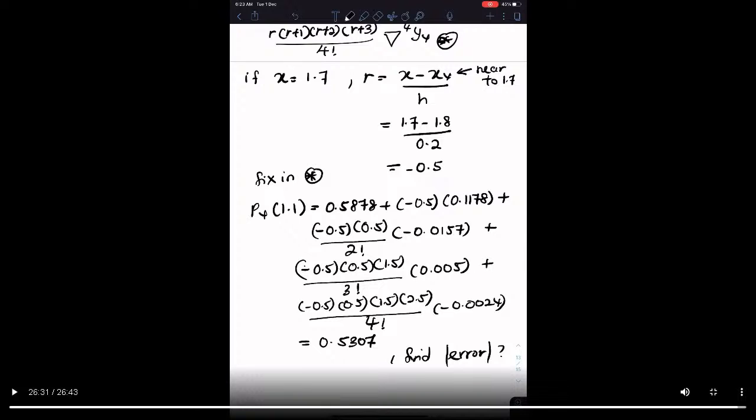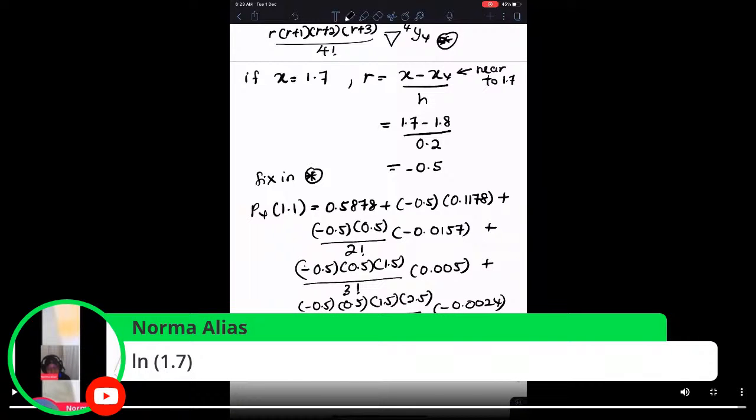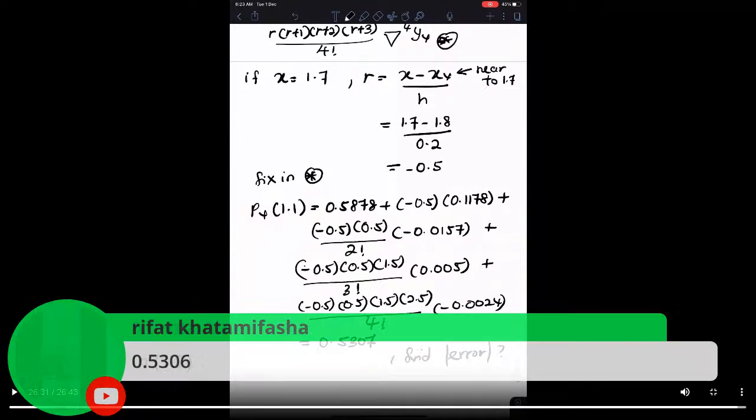Can you press your calculator? What is ln 1.7? Is it similar to 0.5307? Then find the error, which we call the absolute error. What is the absolute error between ln 1.7 and the ln 1.7 that we get from the Newton backward?